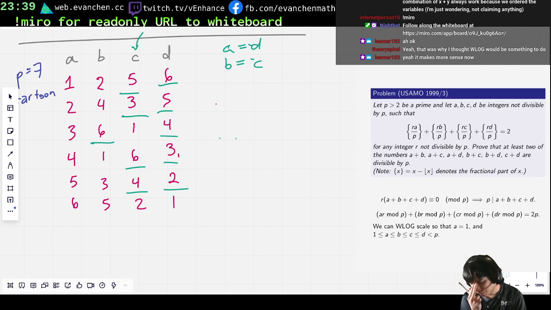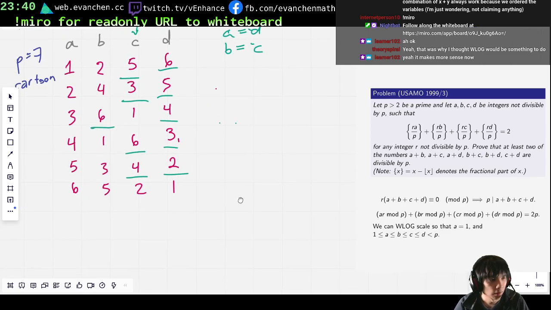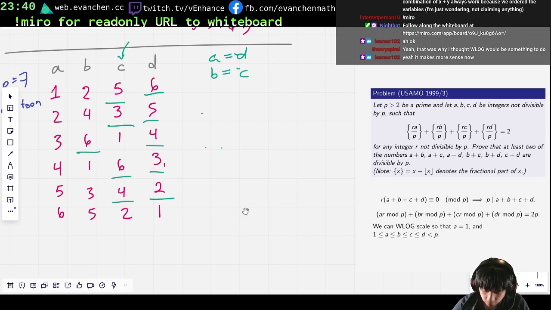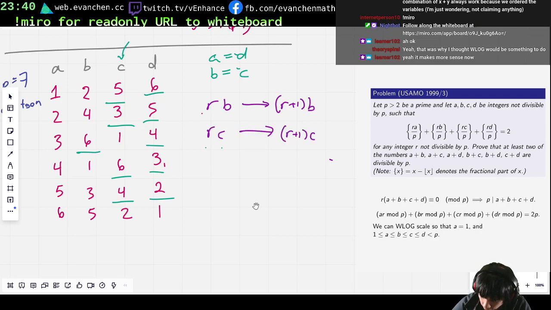So basically, I want to make sure that B and C can't ever regroup at the same time, and if I can do that, I'm set. So is there ever a value of R where B is a regroup, and this is a regroup, but this one is not?